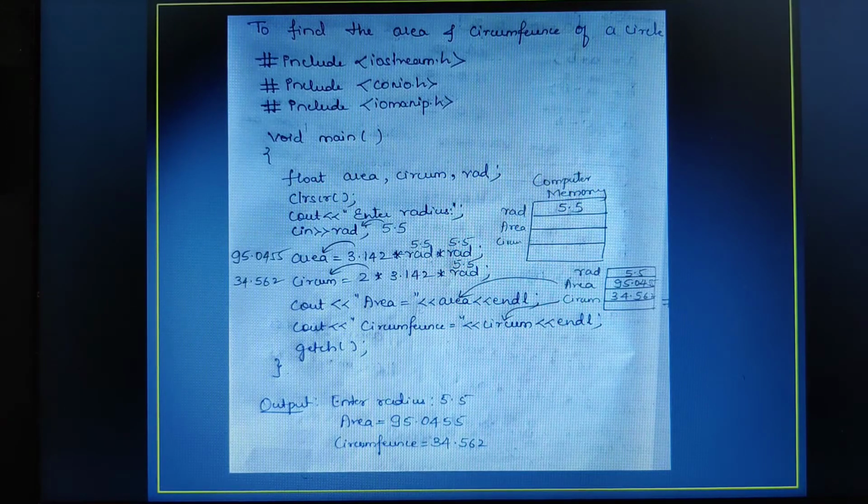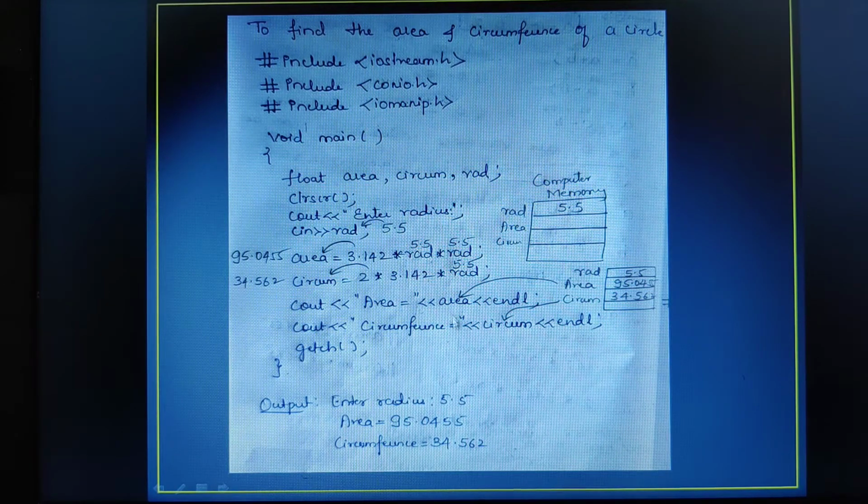Then after that you are calculating pi r square, so 3.142 into radius, that is 5.5 into 5.5, do the calculation. The new value of area will be assigned to this particular variable known as area. When this calculation happens, the value of area will be stored into the computer memory location where the storage location is named area.